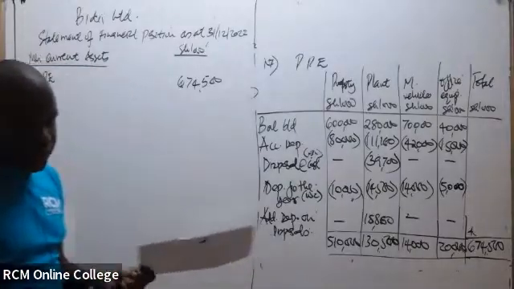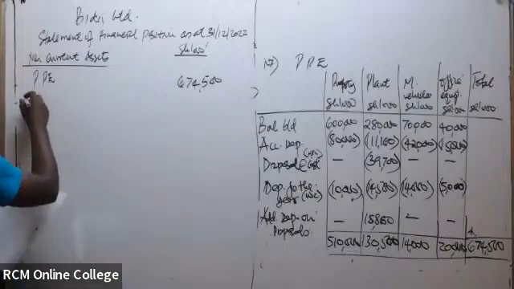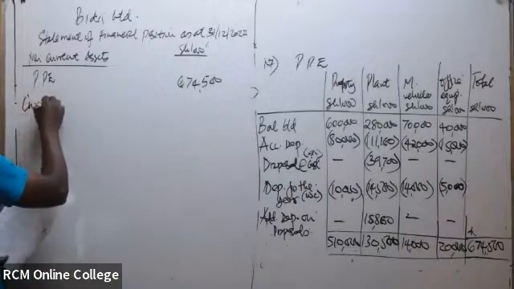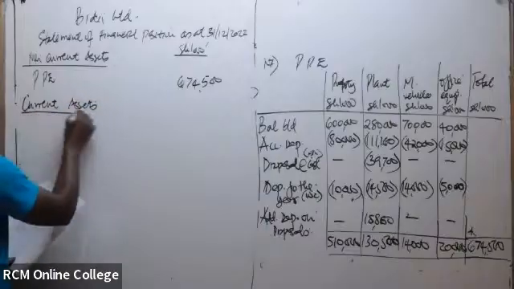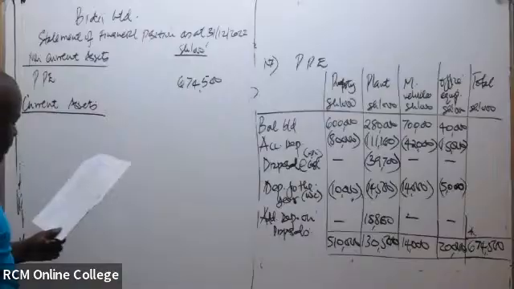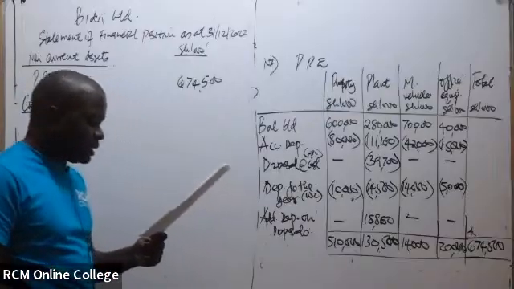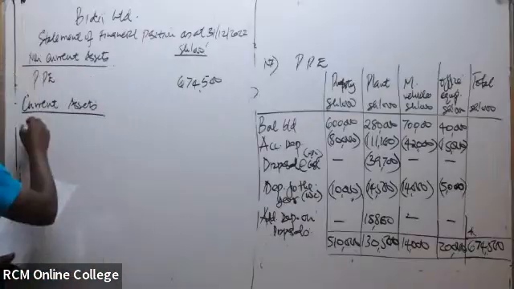Then we can go to the current assets. For the current assets, also check the debit side of the trial balance. Here we can see trade receivables of 74,500.